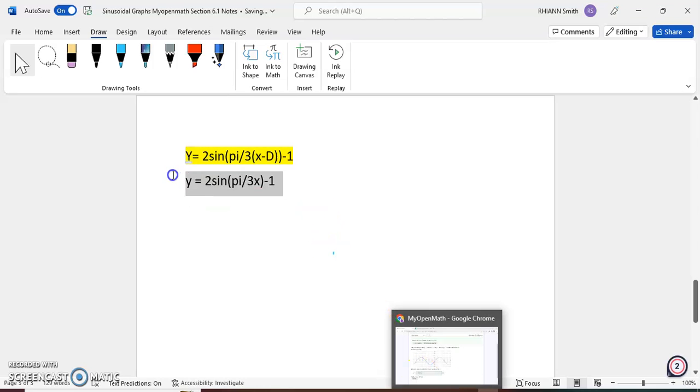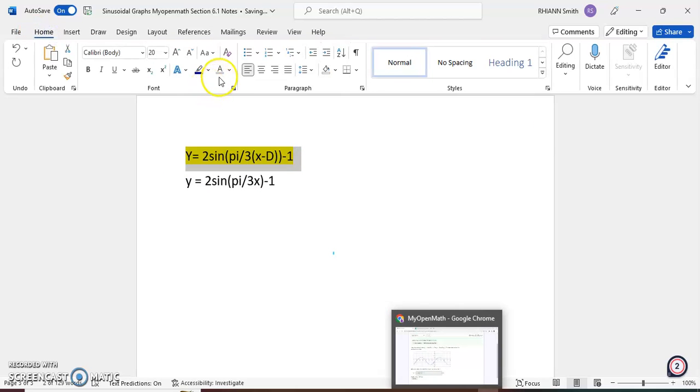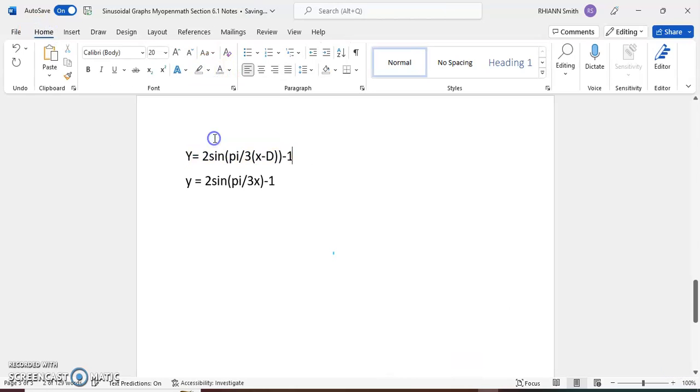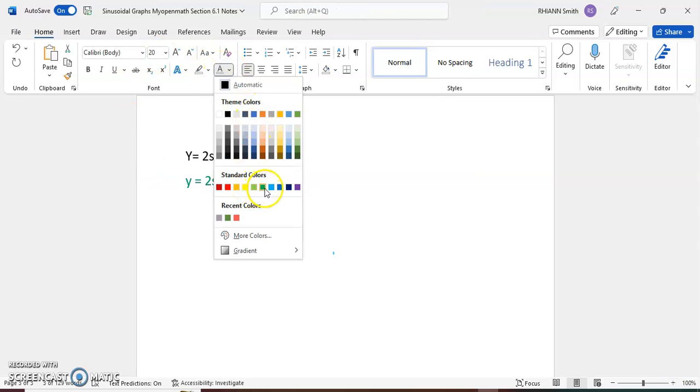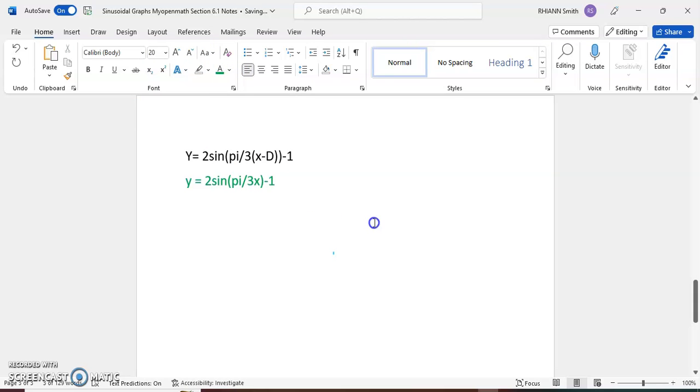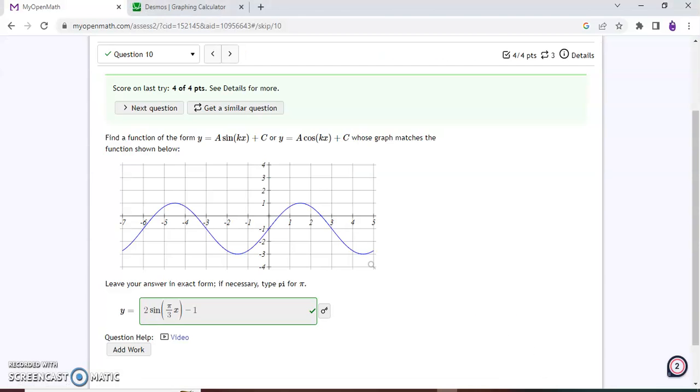So that is our final form. Not this one. Let me unhighlight this. This is our final form. And so we can see that that is what I put.